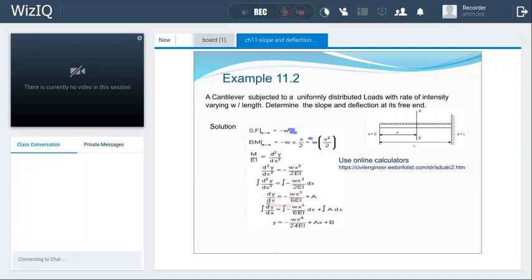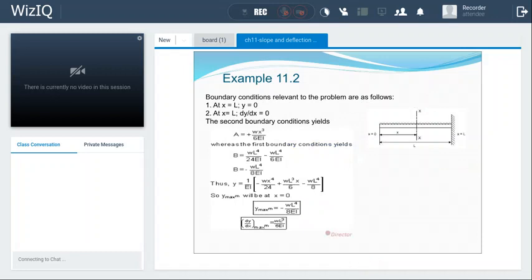So when we substitute here dy by dx equal to 0, you will get A equal to this. We substitute x equal to L, and this way you can get the value for A, which is WL cube over 6EI. So this is the value which you can calculate easily at x equal to L.